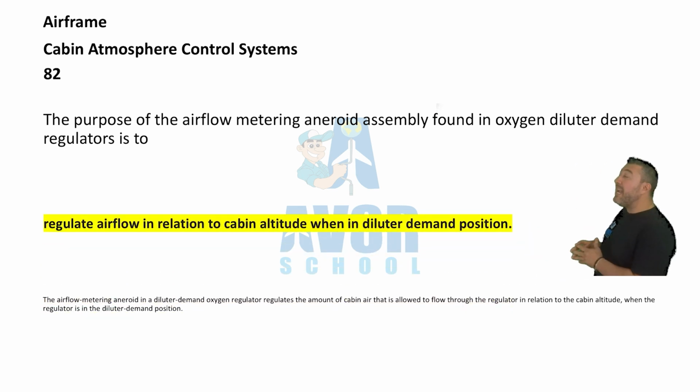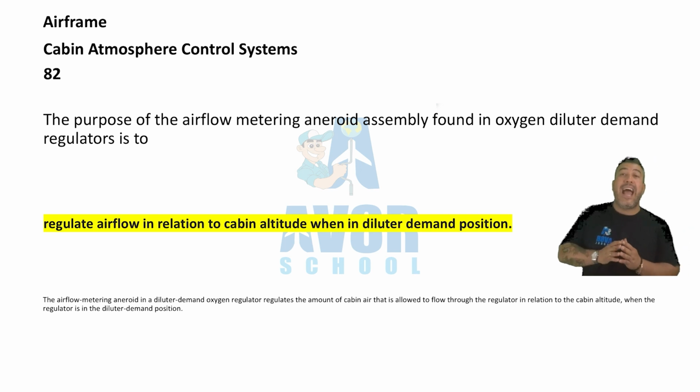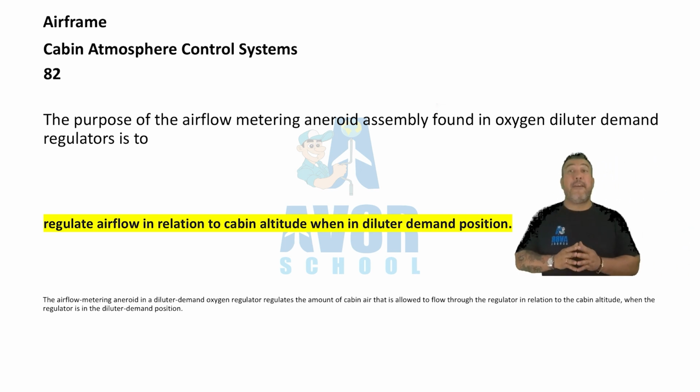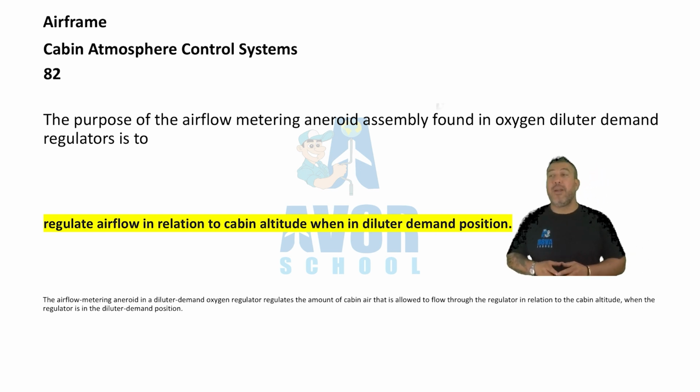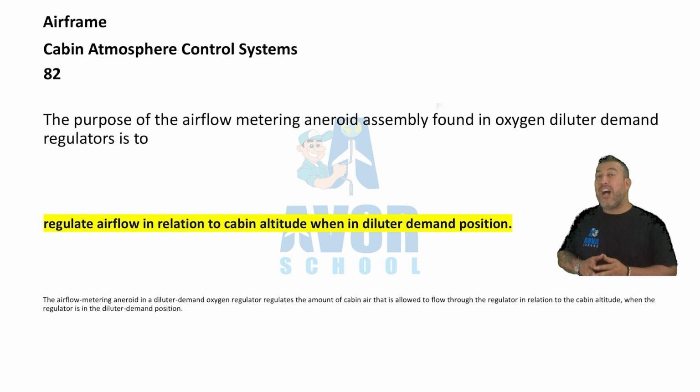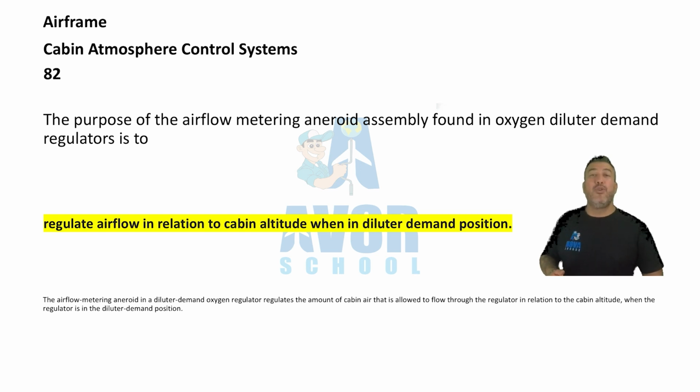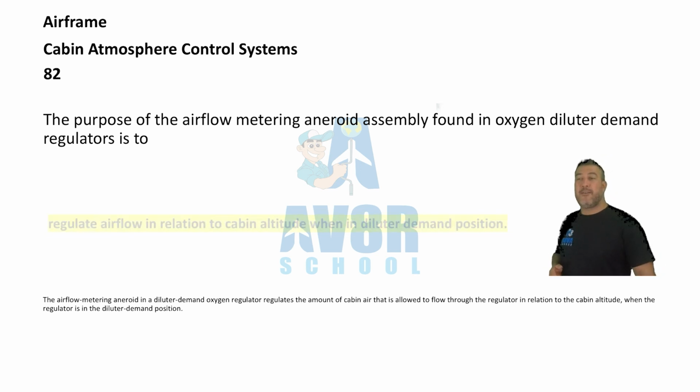So the purpose of the airflow metering aneroid system found in oxygen diluter demand regulators is to regulate the airflow in relation to cabin altitude when in diluter demand position.